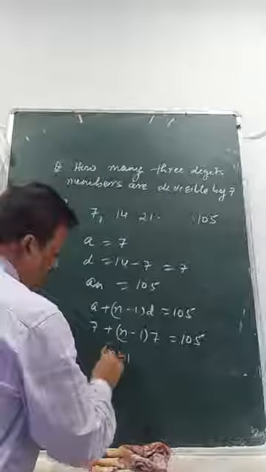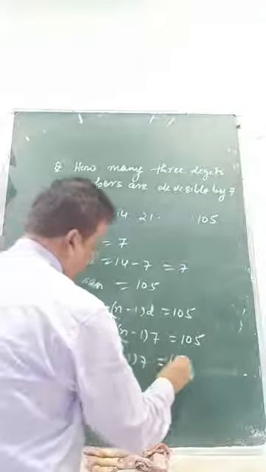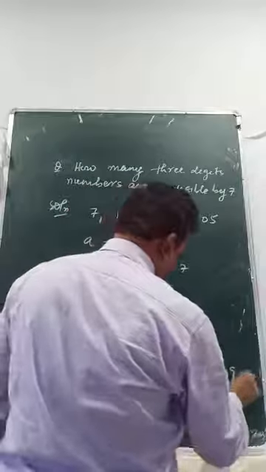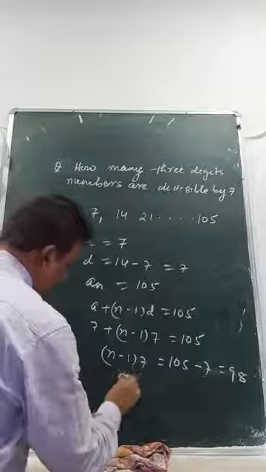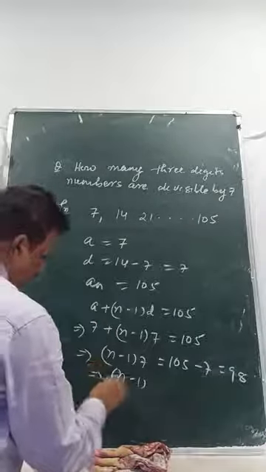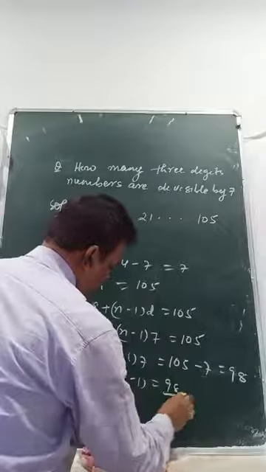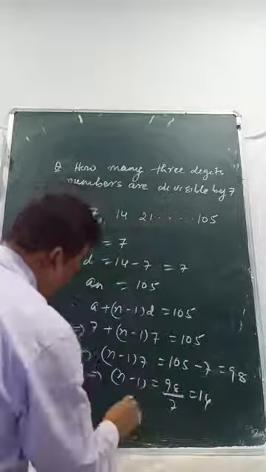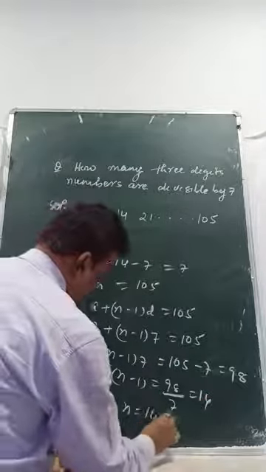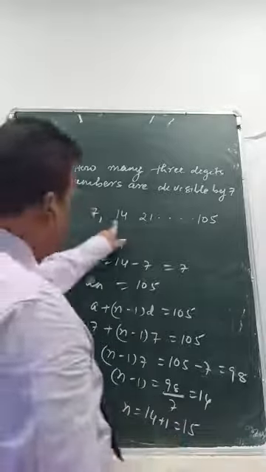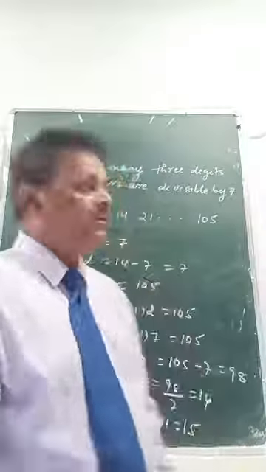N minus 1 into 7 is 105 minus 7, that is 98. N minus 1 is 98 by 7, that is 14. So N is 14 plus 1, that is 15. So there are 15 terms like this which are divisible by 7.